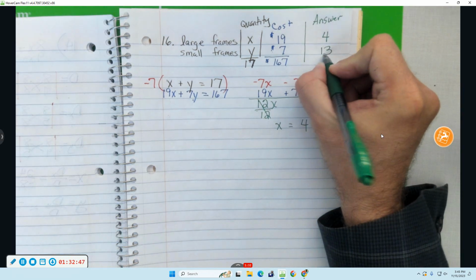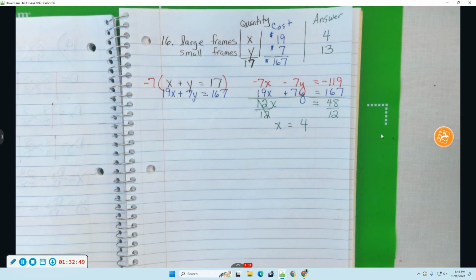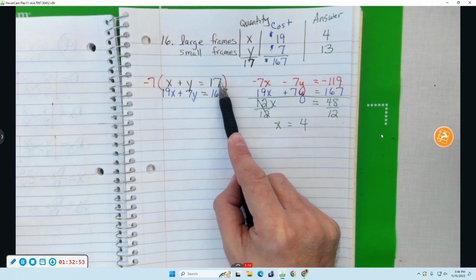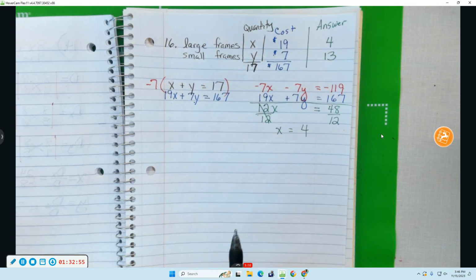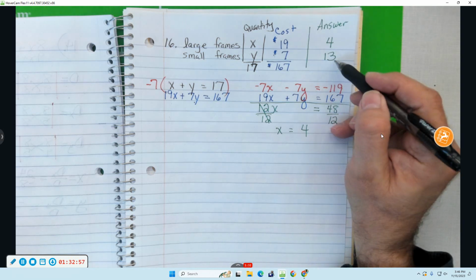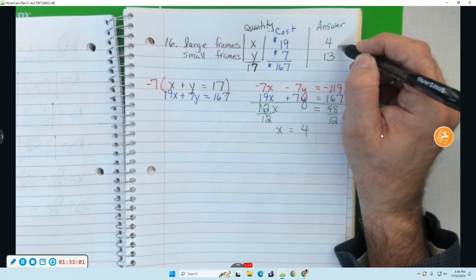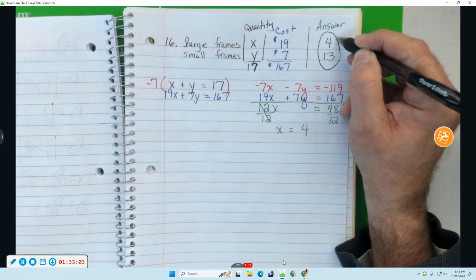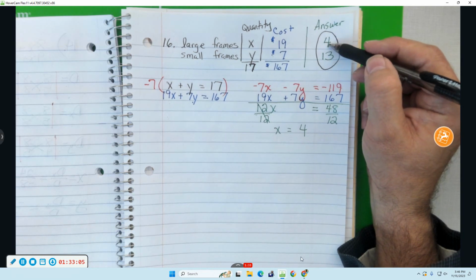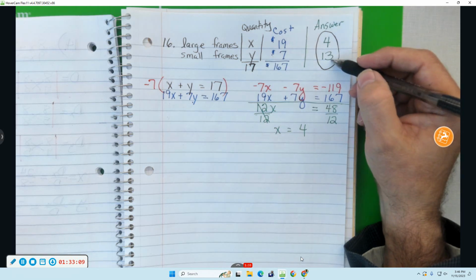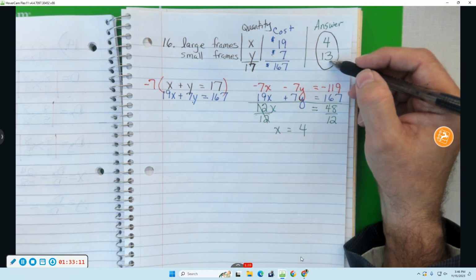Now if you want to do algebra and say, 4 plus y equals 17, subtract the 4, you still get y equals 13. That's what I like to just think the way through. If she bought 4 large frames and she had 17 altogether, that means she bought 13 small frames.